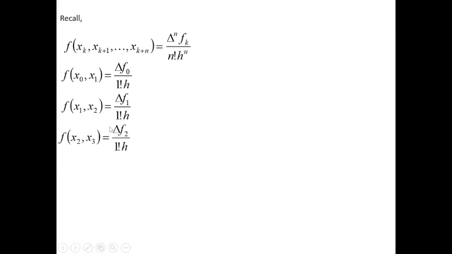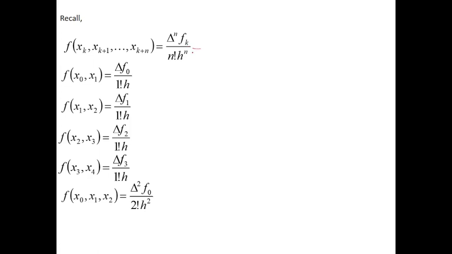And then, ganito pa rin ang pattern. Okay, delta f1, delta f2 na ngayon. x3, x4, delta f3. Then, x0, x1, x2. No? So, ito yun, delta squared f0, 2 factorial h squared. So, tatlo na siya, no?